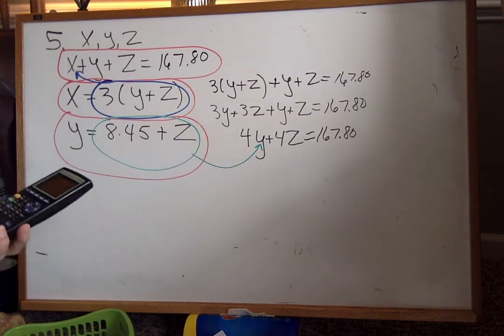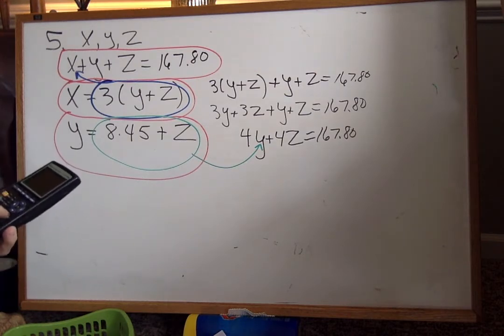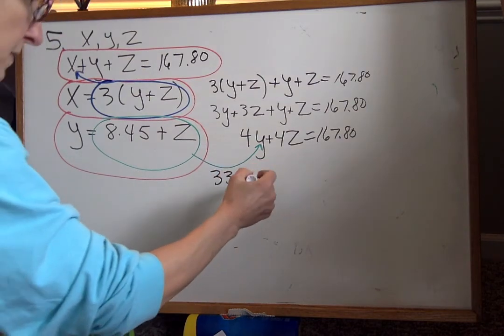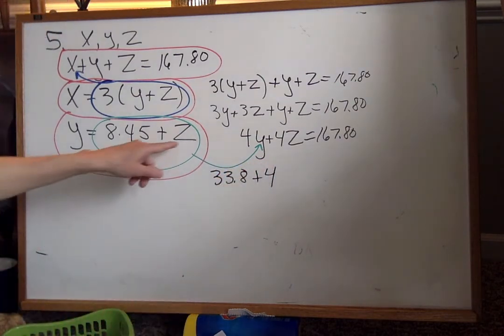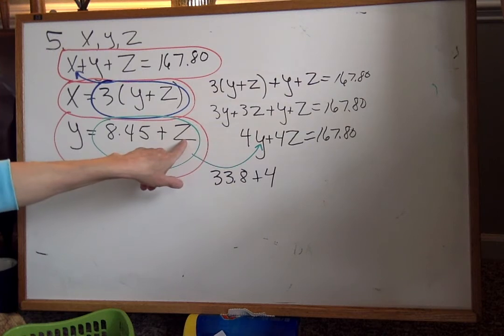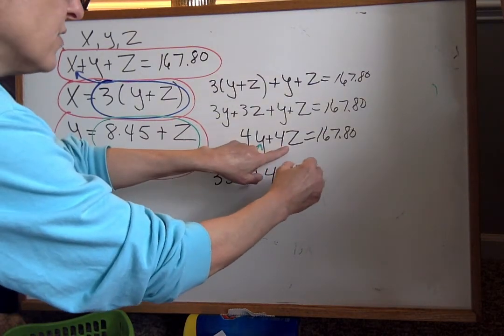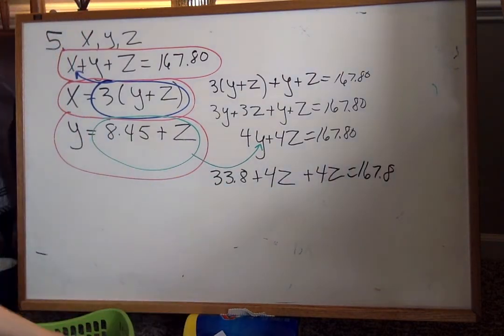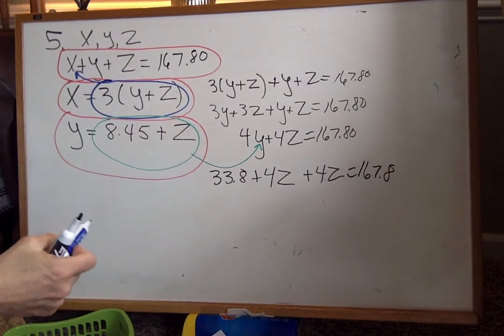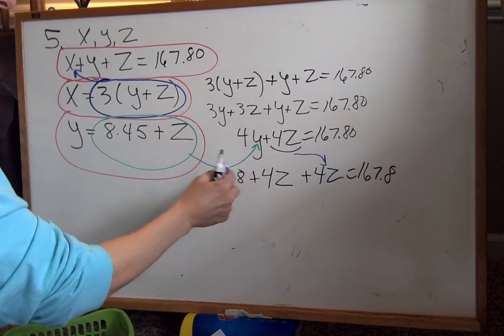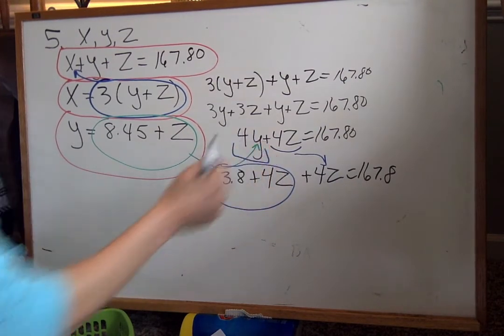Hold on. 8.45 times 4, 33.8. So 4 times this is 33.8. I got to go 4 times z. I have another 4z. So don't get confused. We've got quite a few 4z's here. This one was this one. This was from doing that.